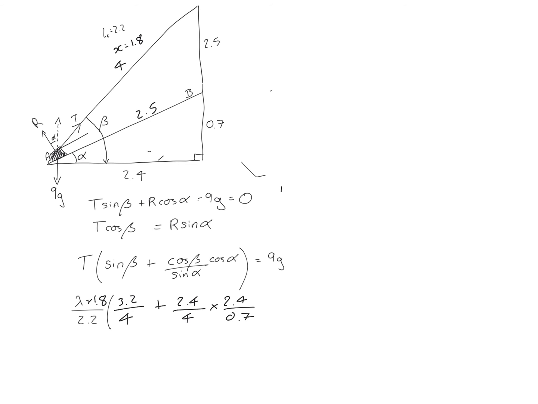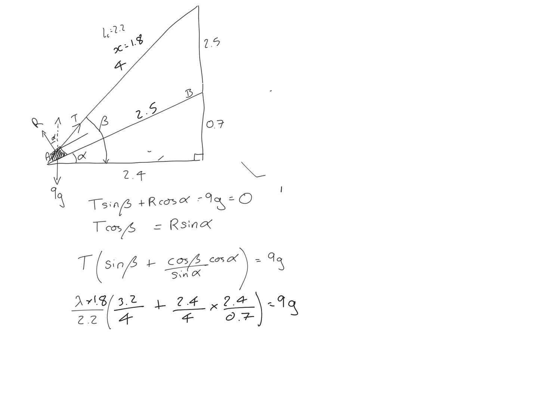So sine is opposite, adjacent, and then the hypotenuse cancel if you're thinking like that. Okay, equals 9g. So this should all work out if we plug that all into our calculator.